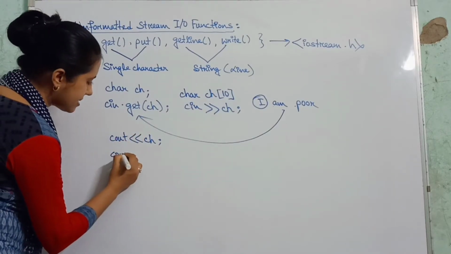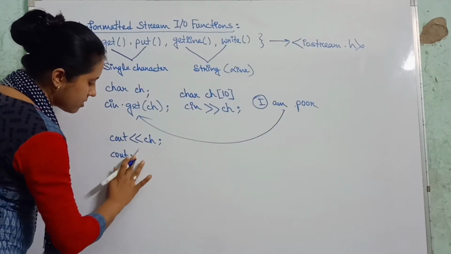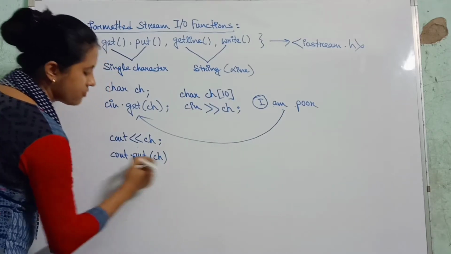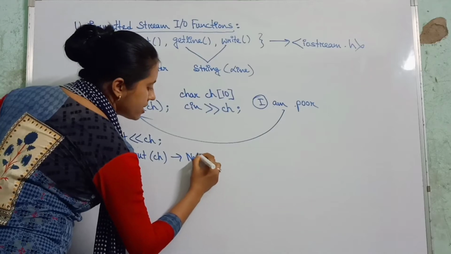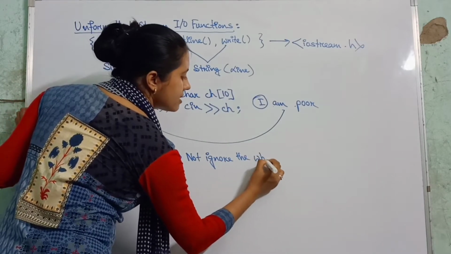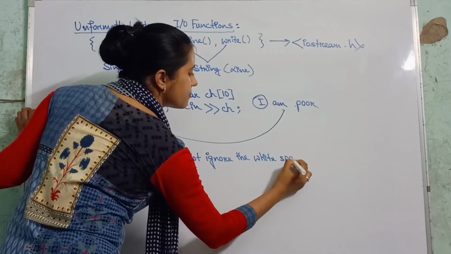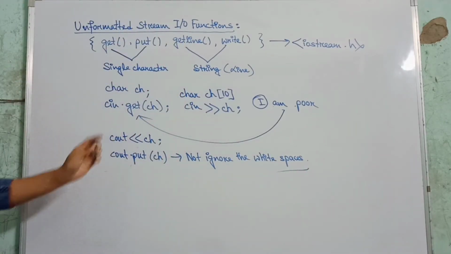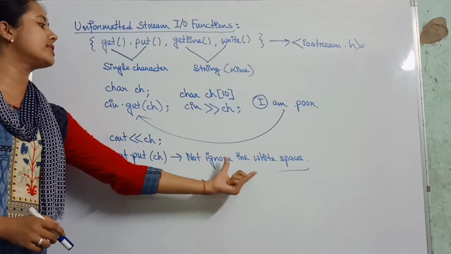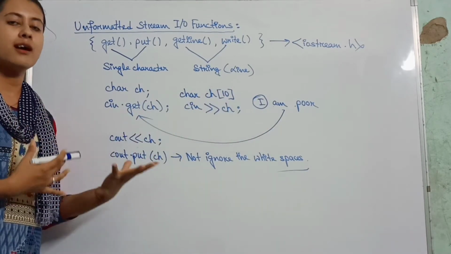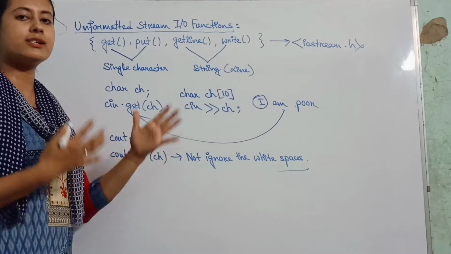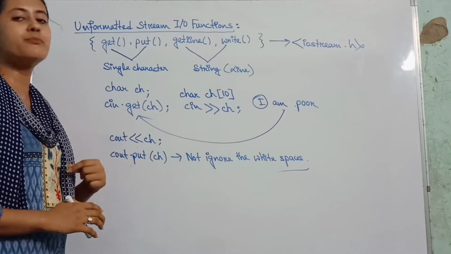But if I write cout.put(ch), then it will not ignore the white spaces. Is it clear? So this thing you have to remember. This get and put function do not ignore the white spaces, tabs, blank spaces, or new line characters. All these things are not ignored by the get and put functions.